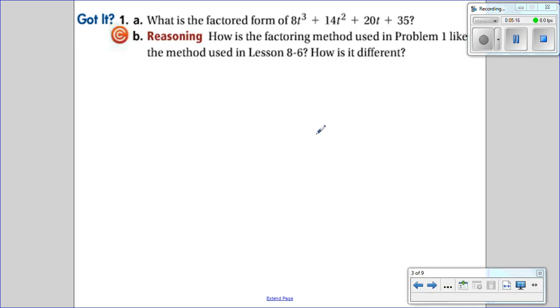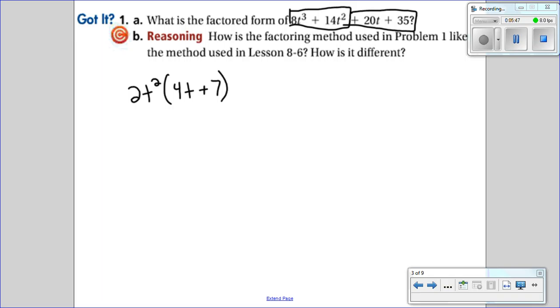Alright, let's try another one, but a little bit quicker. So we've got 8t cubed plus 14t squared plus 20t plus 35, so I'm going to block this off. There's the first one, there's the second one. The GCF of 8t cubed and 14t squared is going to be 2t squared. 8t cubed divided by 2t squared is 4t, plus 7.